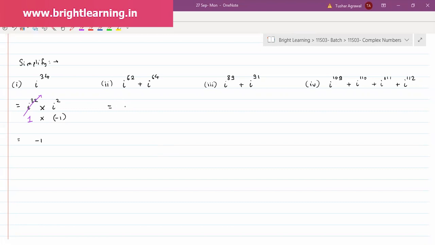Can I write this to be equal to i square, first number? And the second, can I write i raised to 64 is i raised to 4.